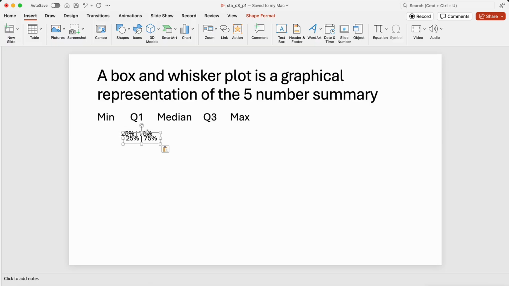Similarly, we've done this before, we should know what the median is. It's the separation between the bottom 50% of data and the top 50% of data. And you guessed it, the third quartile is what separates the bottom 75 percentiles from the top 25 percentiles.